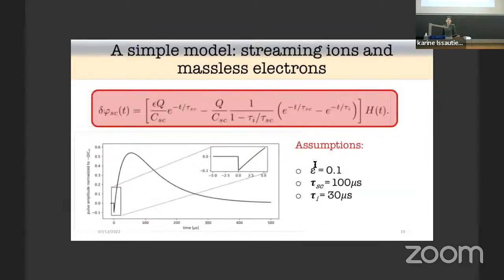And if we include all of this in our first assumption, we will obtain something like this. Epsilon is the amount of charge of electrons that managed to escape, and Q is the total charge. We have the spacecraft capacitance, the ion time scale and the spacecraft time scale that we already mentioned.